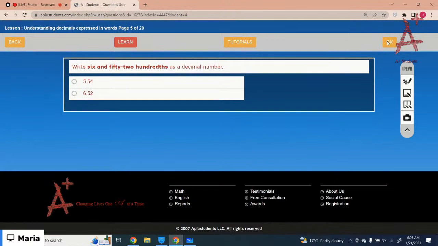Okay, the next one is write 6 and 52 hundredths. So which of the options is the correct one? Yes, that is 6.52.